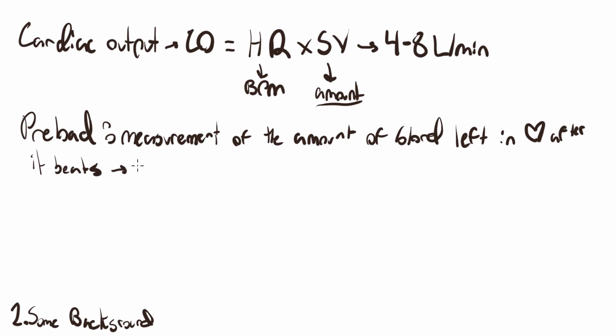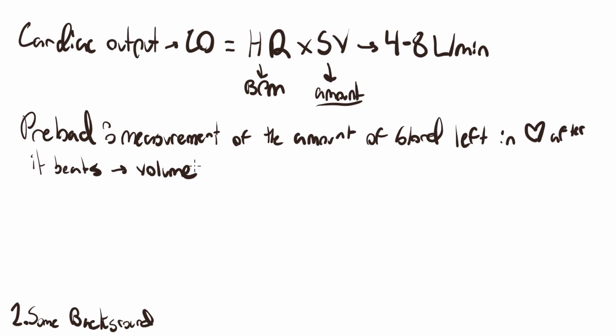So that means that preload is a measure of volume. So you think, your heart beats, and it actually doesn't take out all of the blood inside of the ventricle when it fires. There's some blood that is left over, or it's the amount of blood in your heart that was not able to be expelled despite the heart pump's max effort.